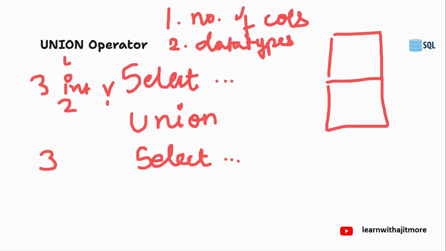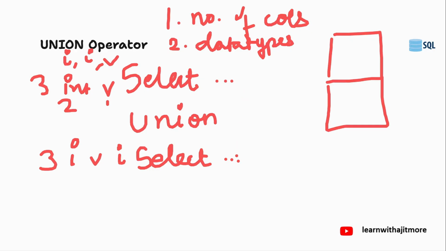Like here it is int, int, varchar, whereas here it is int, varchar, int. This won't do. So the corresponding column data types should be the same. The count should be the same, the data types should be the same, and their correspondence also should be the same. Like the first is int, then here also the first is int. Here the second is float, then here also float. That way.